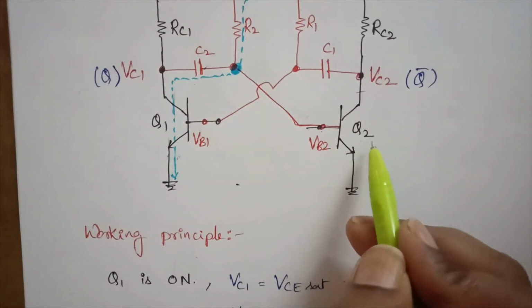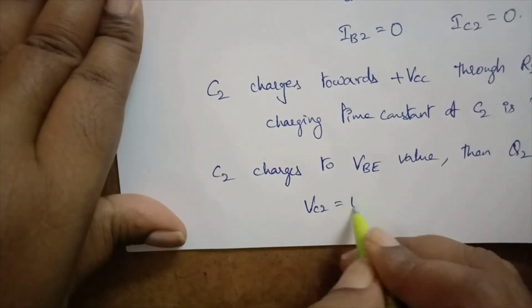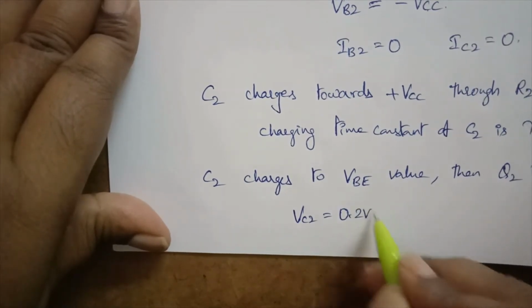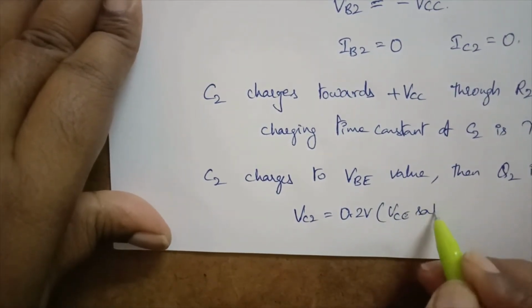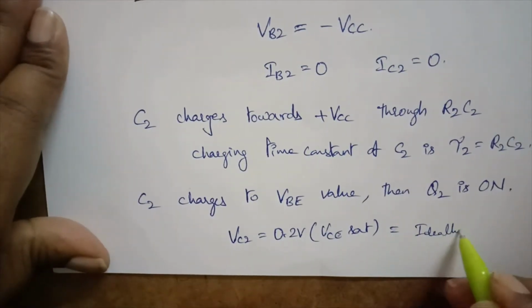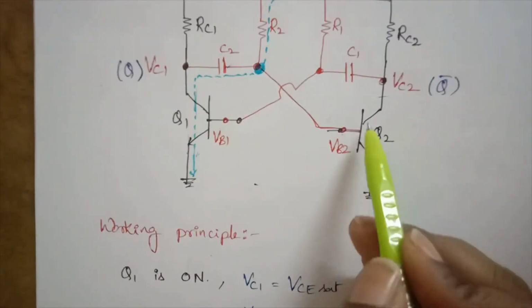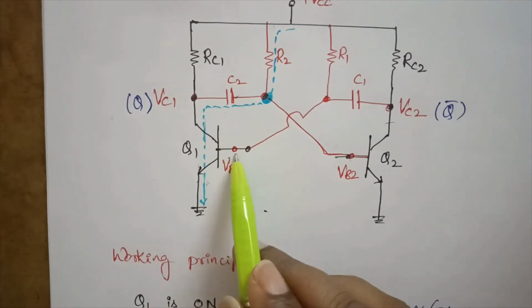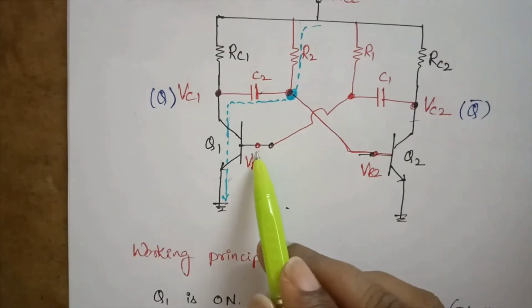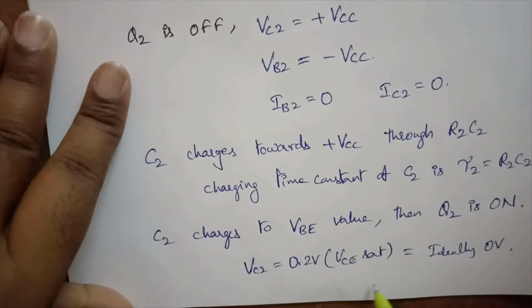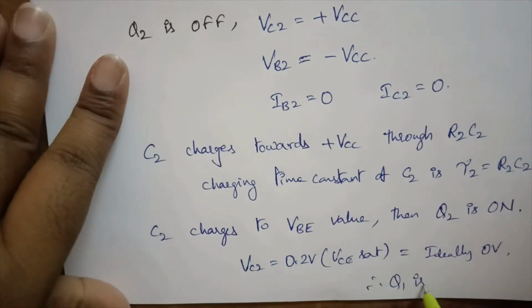When this becomes on, VC2 becomes 0 volts, or practically 0.2 volts, VCE sat, but ideally it is 0 volts. So VCE2 becomes 0 and this is directly connected to VB1, which is the base of Q1. Therefore Q1 becomes off.